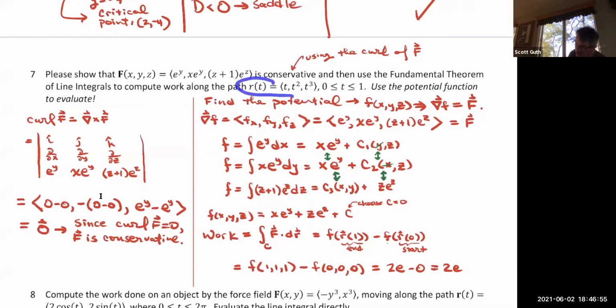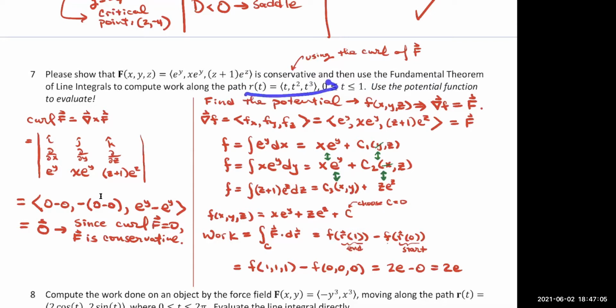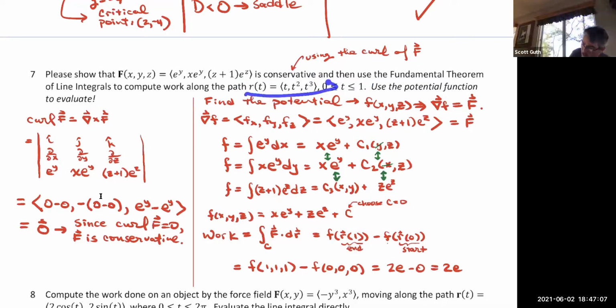Again, this is your endpoint. So you're doing r at time 1. That's your final position on this curve. If you look at r of 1, you're just doing (1,1,1) here. And then the start point is where t is 0, so that's going to give (0,0,0) there. Okay, make sense? Thank you.